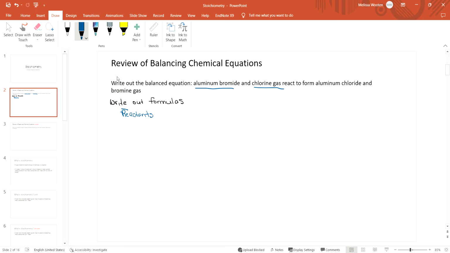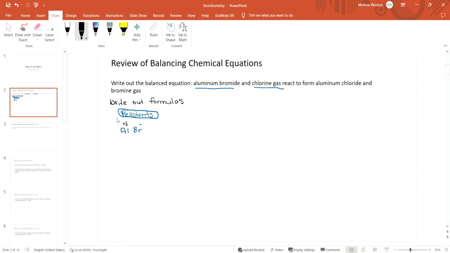All right. So we're going to have aluminum, and we're going to have bromine. Right. And so we have to ask ourselves what our charges are, and then do our crossover rule. And so aluminum's going to be +3.